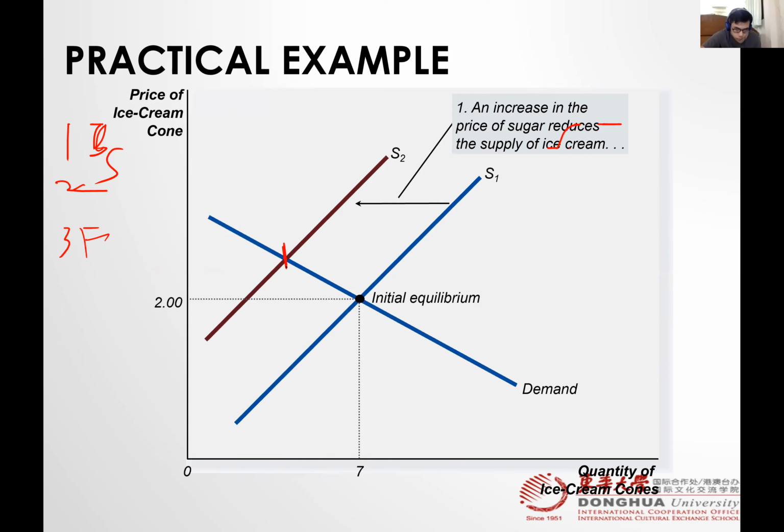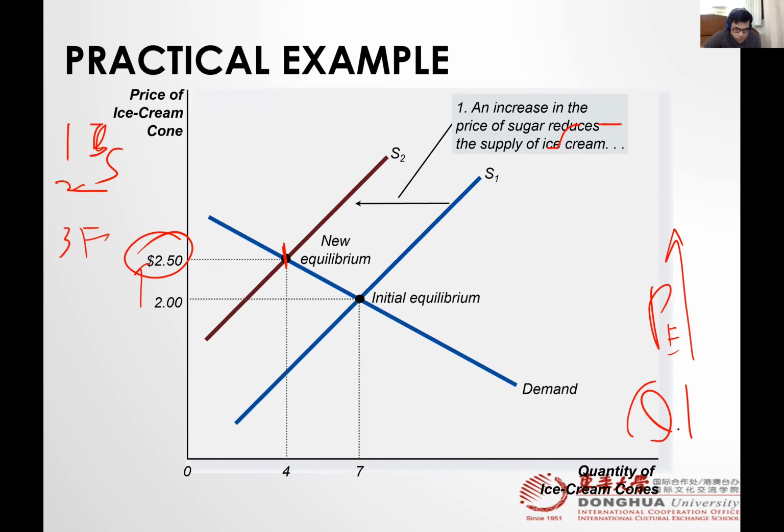This point. So we have the values here, 4. And now what happened? The new equilibrium price is up from 2 to 2.5, but the equilibrium quantity decreases, from 7 to 4. Understand? So whenever anything happens, think in terms of demand and supply, and you will find the answer.